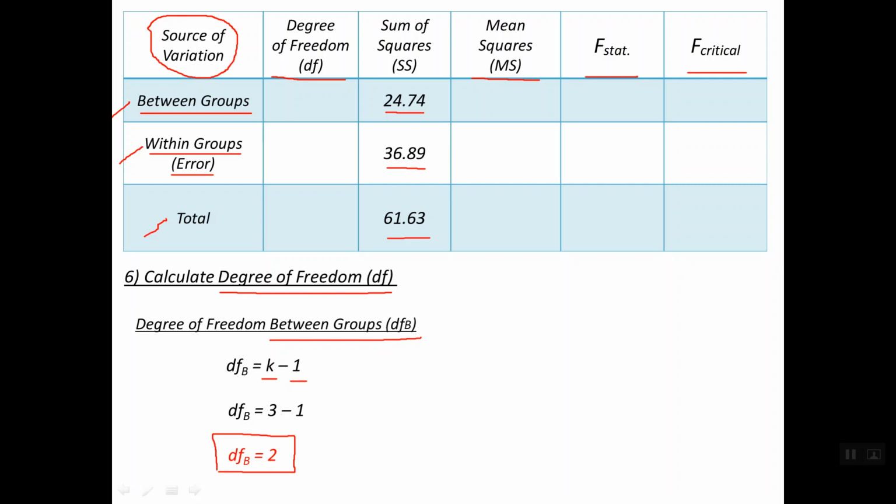The next one is to calculate the degree of freedom within groups, which is the same as the degree of freedom for the error. The formula to get this amount is DFW is equal to capital N minus K. Capital N means the total observation for the 3 groups, and K means number of treatments or number of groups.